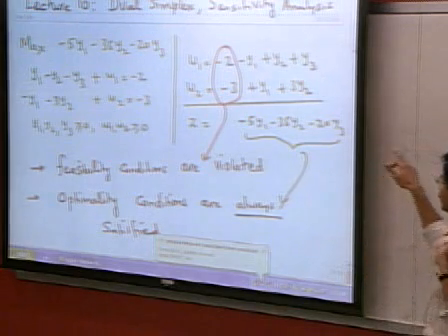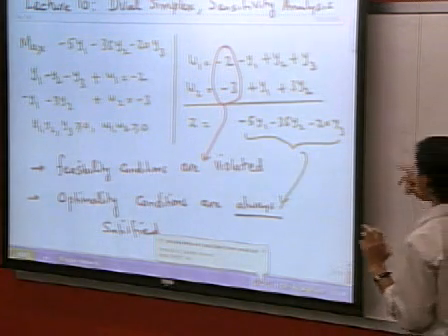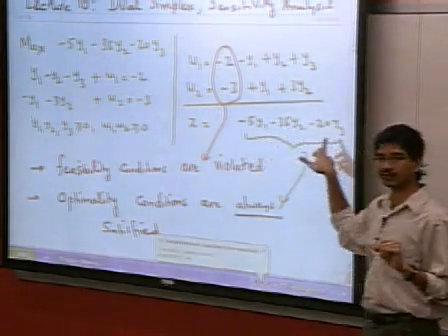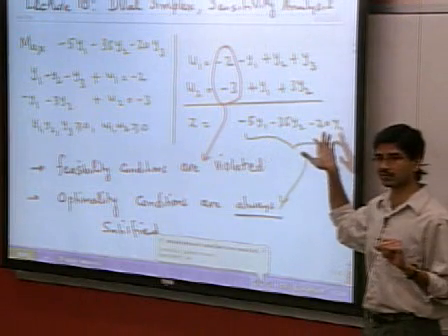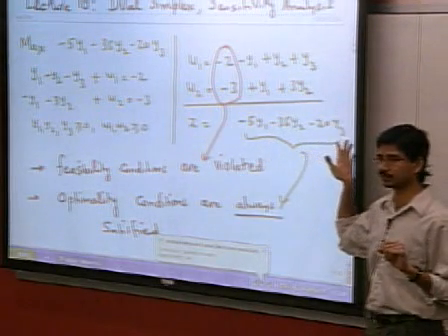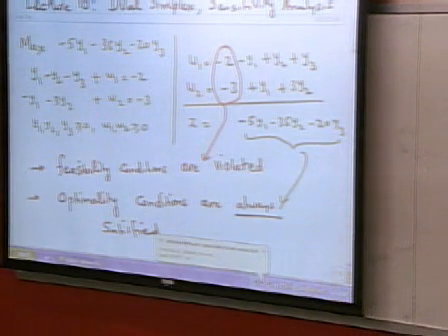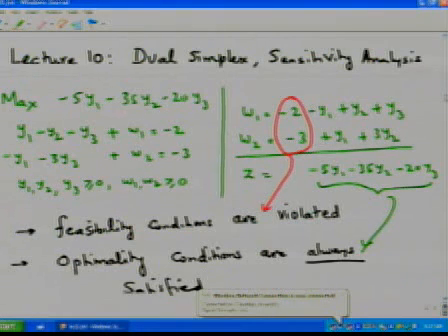So here, the condition for determining which variable enters the basis is going to be that the coefficient of the last row will always be non-positive. Okay, so this is the idea.